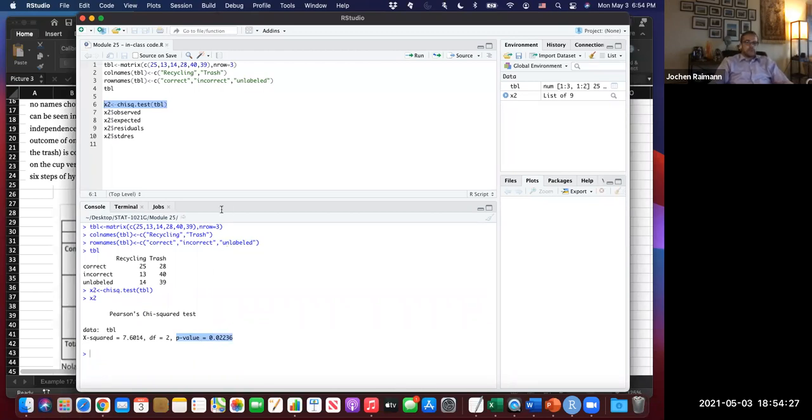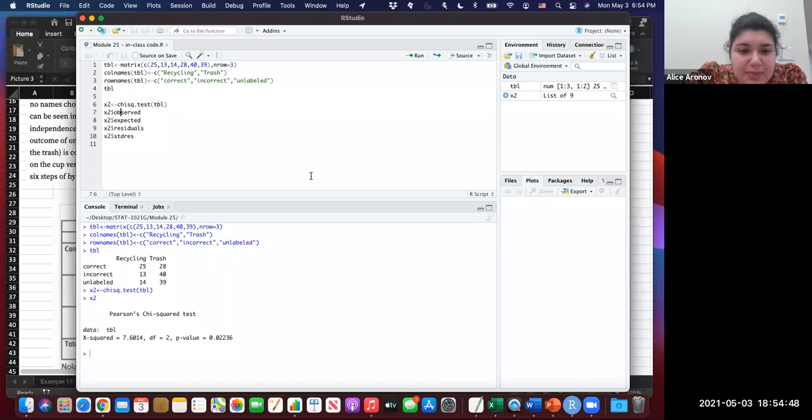This is the beauty of having R or any other statistical software, because it gives you a p-value. It basically uses the area under the distribution curve to quantify the probability and get you the actual p-value. And this is significant because it's 0.022.